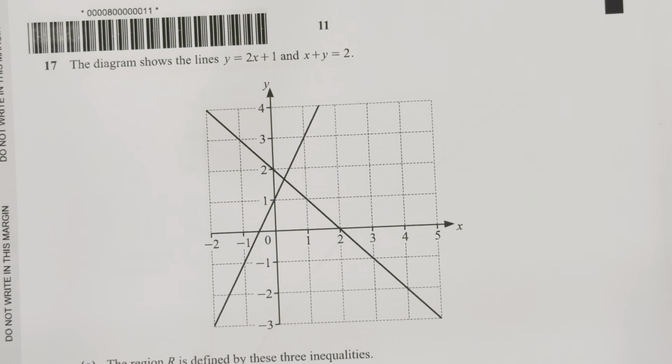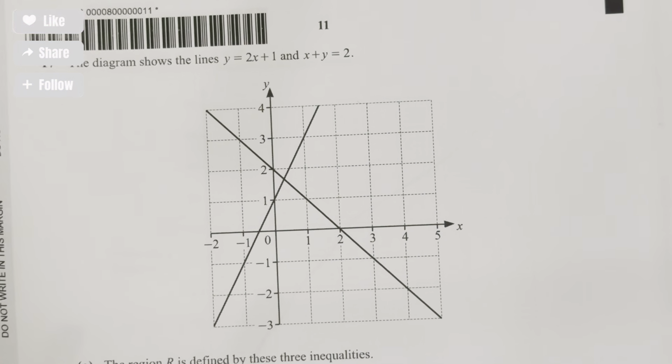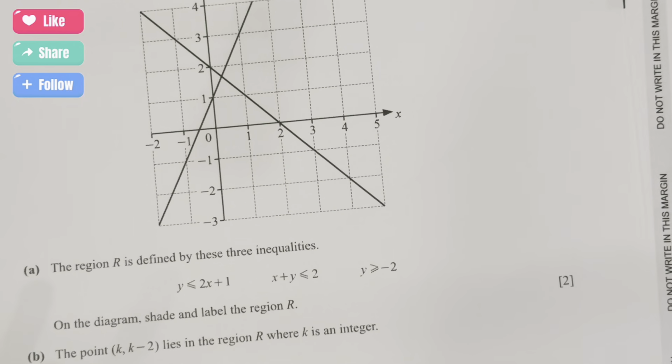Moving to question number 17, that is from the topic of inequalities. Okay, the diagram shows the lines y is equal to 2x plus 1 and x plus y is equal to 2. The region R is defined by these three inequalities. y is less than or equal to 2x plus 1.